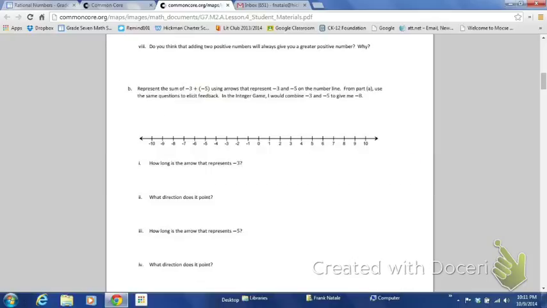As to the why, it's primarily because the absolute values are positive, so the sum will be a greater positive. On a number line, adding them would move you further away from 0, to the right or above.